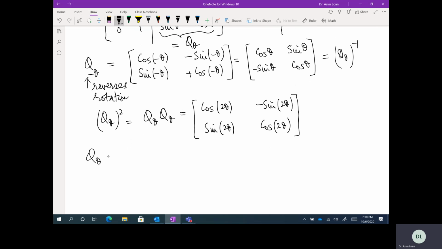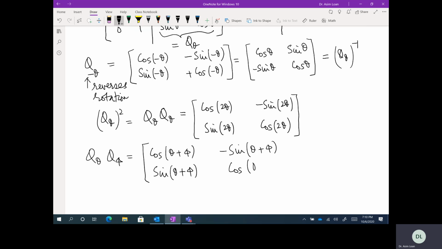And if you have theta plus phi, rotation by theta and then by phi, or phi and then theta, this will become cosine of theta plus phi, sine of theta plus phi. I don't want to calculate this. You can, at home, at your own time, calculate and see if these are correct. This is Q of theta plus phi.